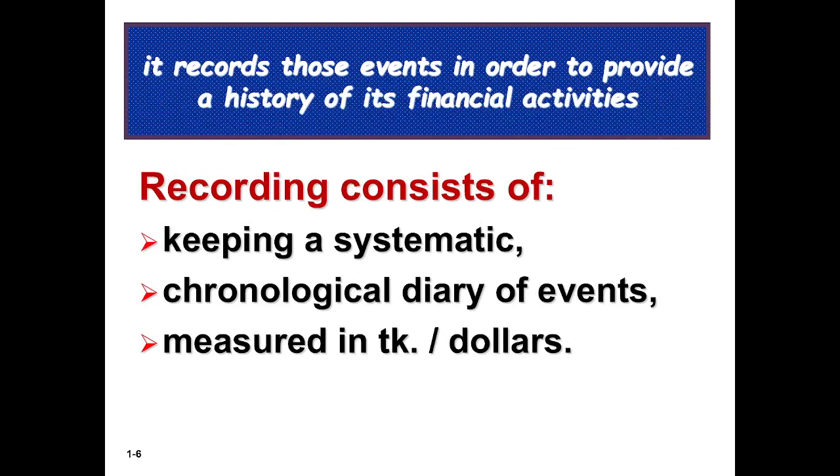Now, recording. Recording consists of 3 points: keeping all records in a systematic manner, in chronological order, and measured in taka or dollars. It records these events in order to provide a history of its financial activities.